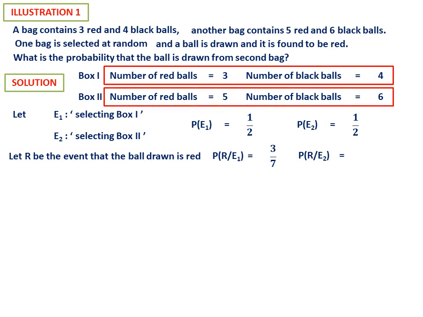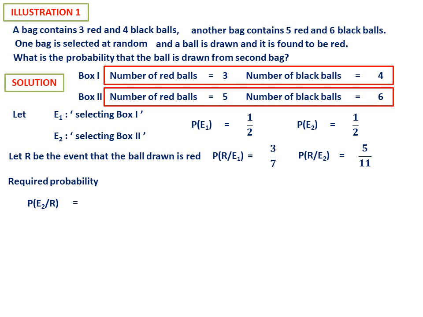Similarly, probability R given E2: total number of balls 11, 5 plus 6, and favorable cases 5. Therefore, it is 5 by 11. So these are the information given. Now, the required probability is: what is the probability that the ball is drawn from the second bag? That means E2 given R.